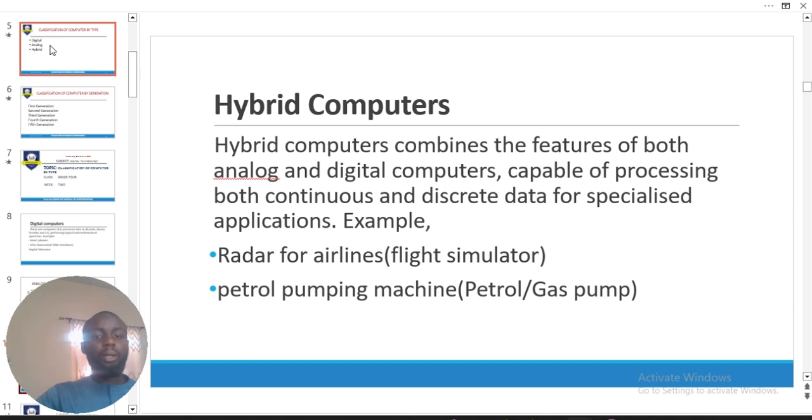We said hybrid computers combine the features of both analog and digital computers, capable of processing both continuous and discrete data for specialized applications. For example, we have the radar for airlines, which is known as the flight simulator. We also have the petrol pumping machine, which is known as the petrol or gas pump.